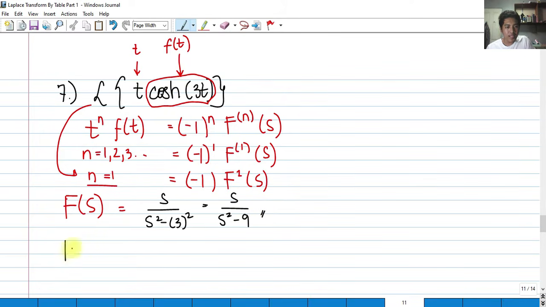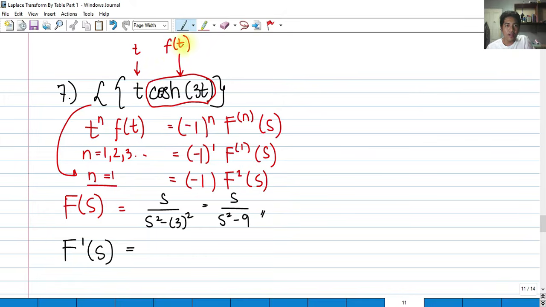What happens next is that, as I said a while ago, the exponent of t here denotes how many times we have to differentiate that F of s. So we need the F prime of s, because that is our goal. The prime denotes the derivative.